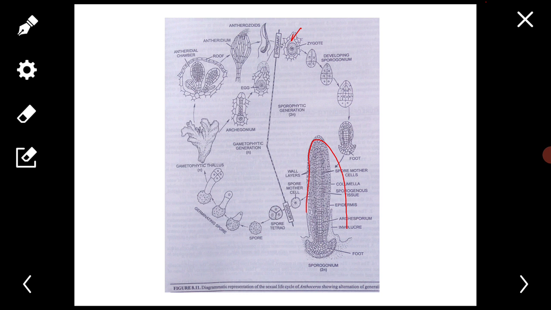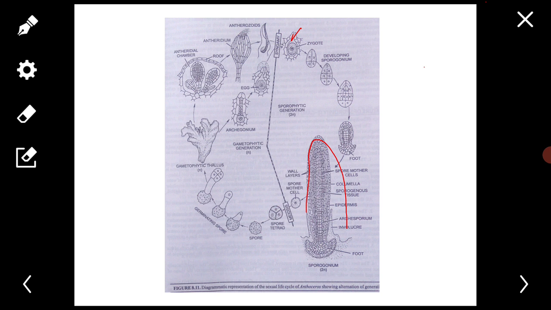Several zygotes may be formed in the same thallus but in separate archegonia, and they all can give rise to mature sporogonia. Therefore, a cluster of long, elongated, and erect sporogonia can be observed arising from the same thallus. They are produced usually in the months of September and October.